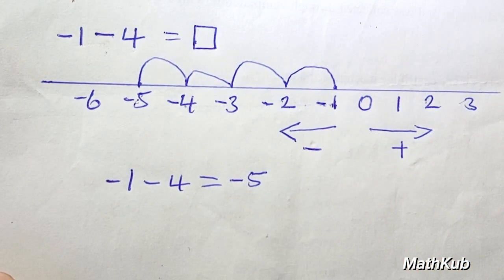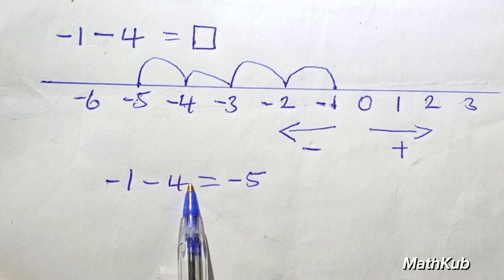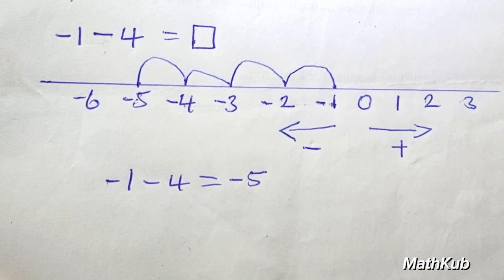This one you tell me. Okay sir, the first time you said we should take the sign of the biggest number. Look at this, -1 minus 4. Note, this is -1 minus 4. It's not the same thing as minus times minus.